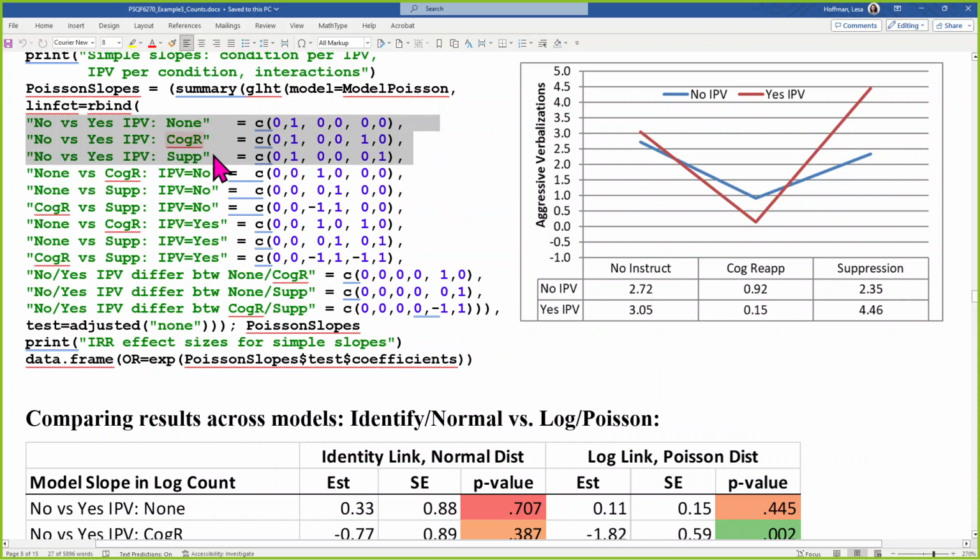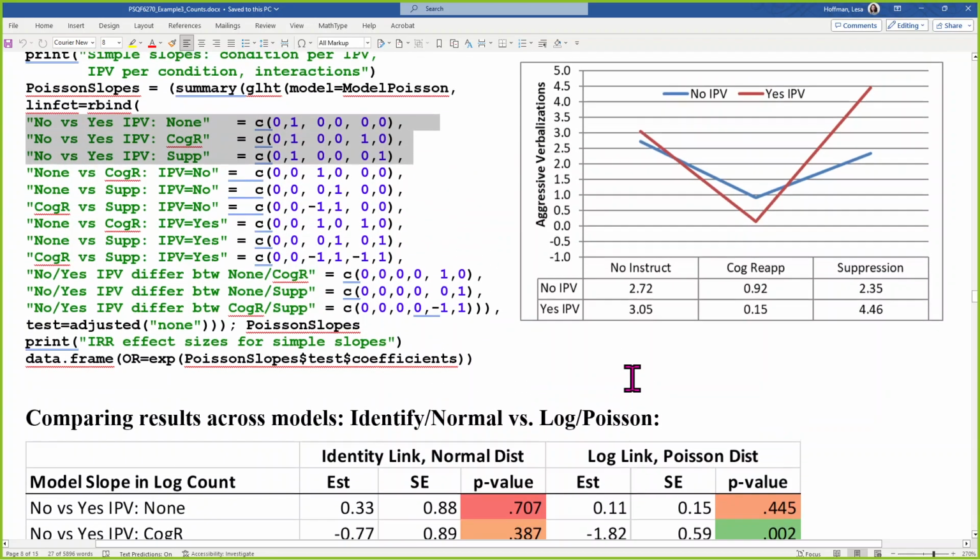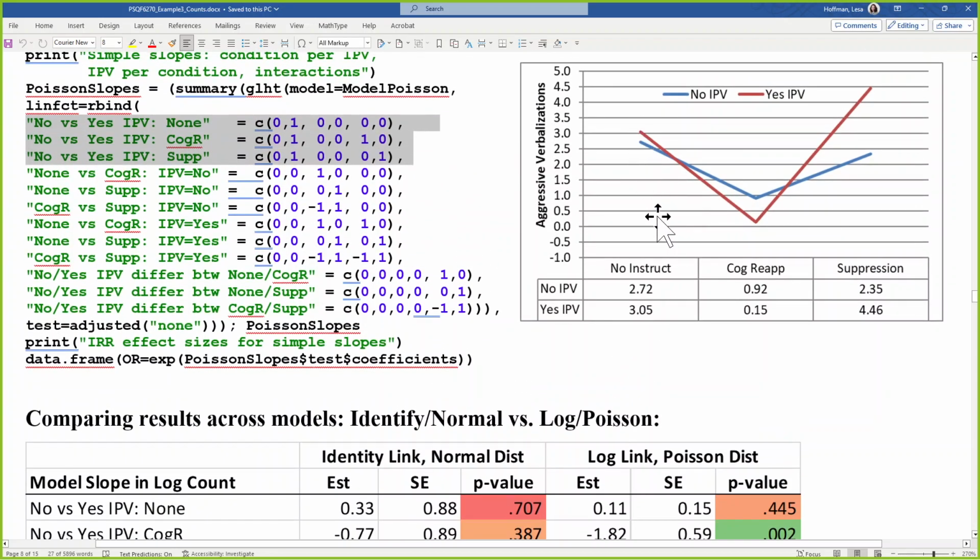So this set of simple effects then are telling us about the effect of IPV. And they are telling us about the vertical distance in the no group, the cognitive group, and the suppression group. In those groups, it looks like IPV is higher in the none group, so red is higher than blue.